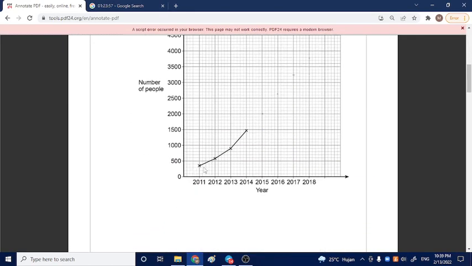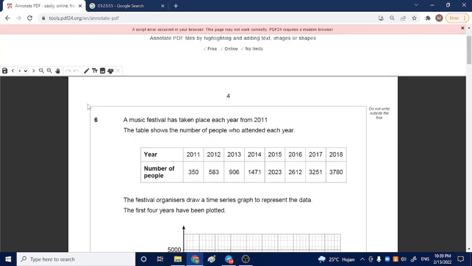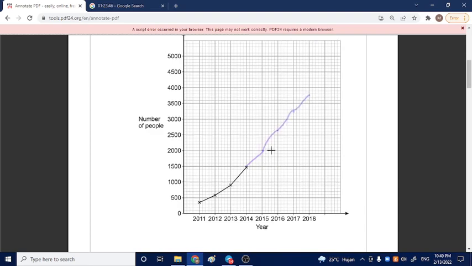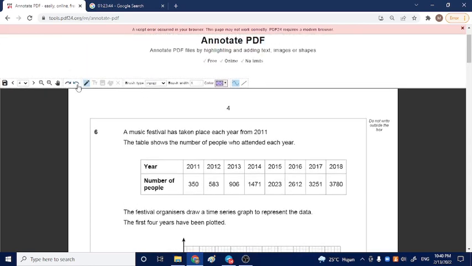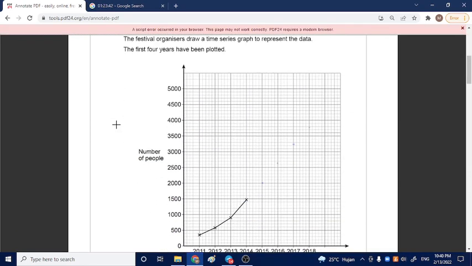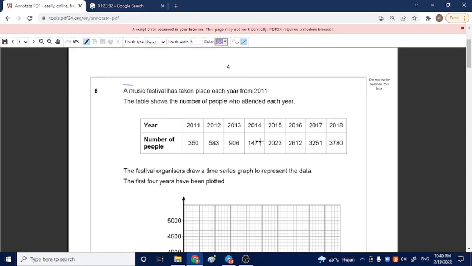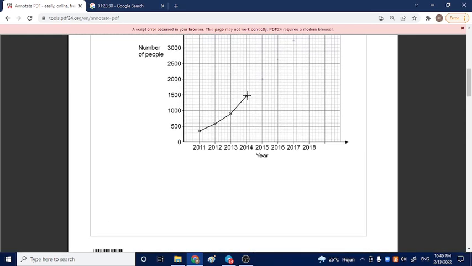From the previous points, it seems that we don't need to draw a best fit line, so maybe I should use, wait, keep the brush width at 5, but use this, so that's more of a straight line.